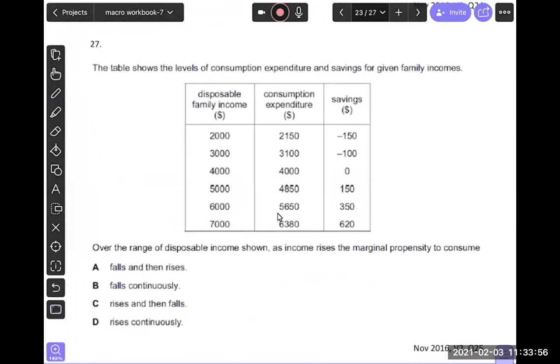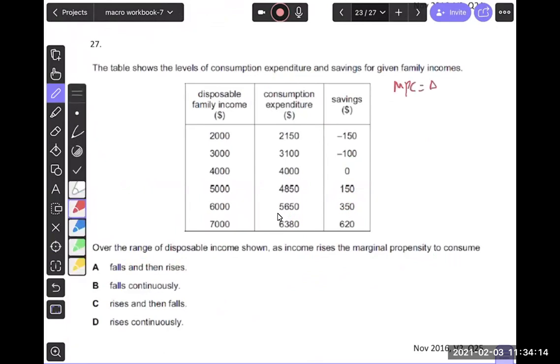The table shows the level of consumption expenditure and saving. Over the range of disposable income shown, as income rises, what is happening to MPC? Remember, what's the formula for MPC? Change in C over change in Y, and MPS is change in S over change in Y, right?